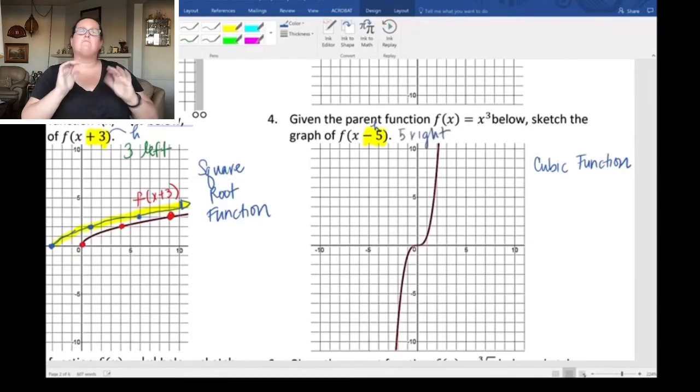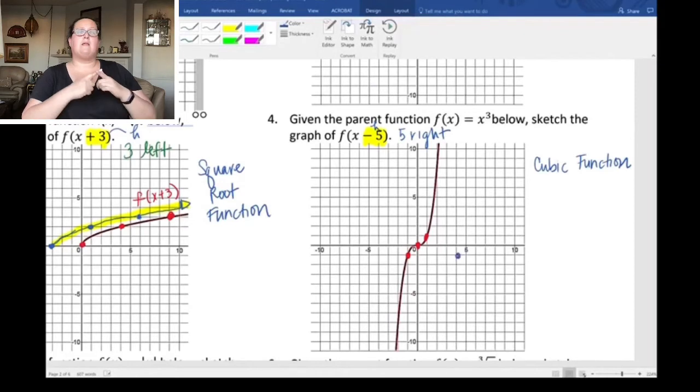So let's go ahead and pick our 3 points. Let's go with 0, 0. Let's also go with 1, 1 and -1, -1. Let's move -1, -1 first. Move that 5 units to the right. 1, 2, 3, 4, 5.